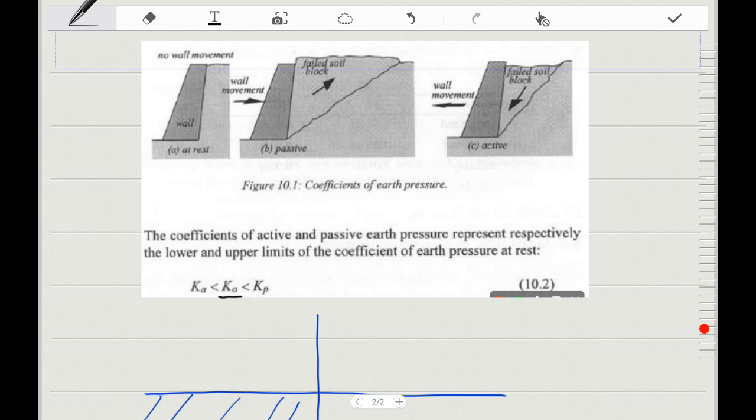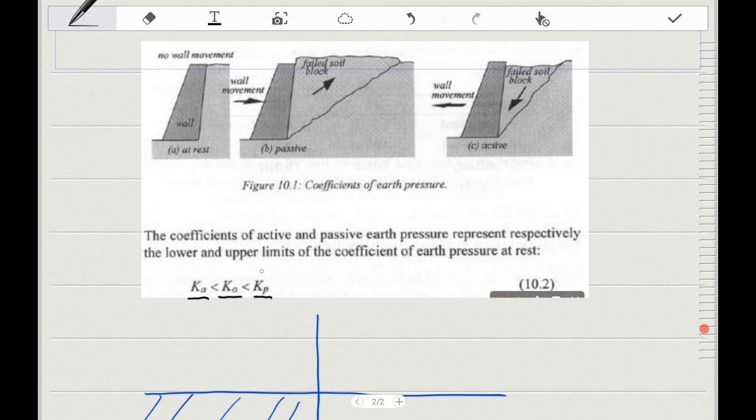It's pretty straightforward. You guys will be familiar that Ka refers to the earth pressure coefficient for active state, and Kp is your earth pressure coefficient for your passive.